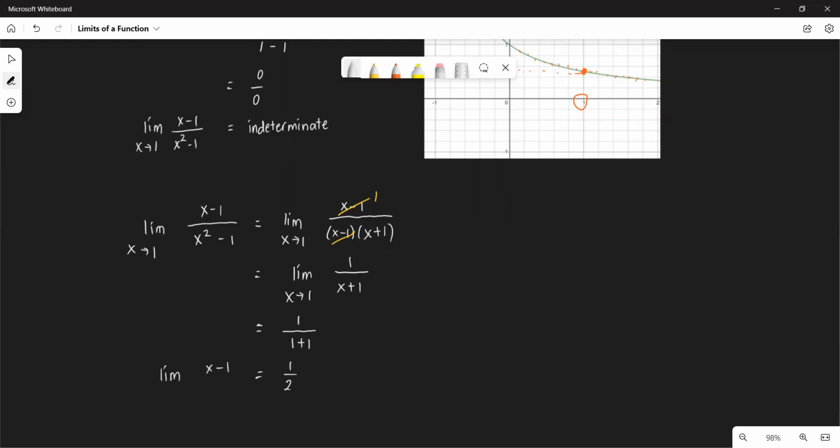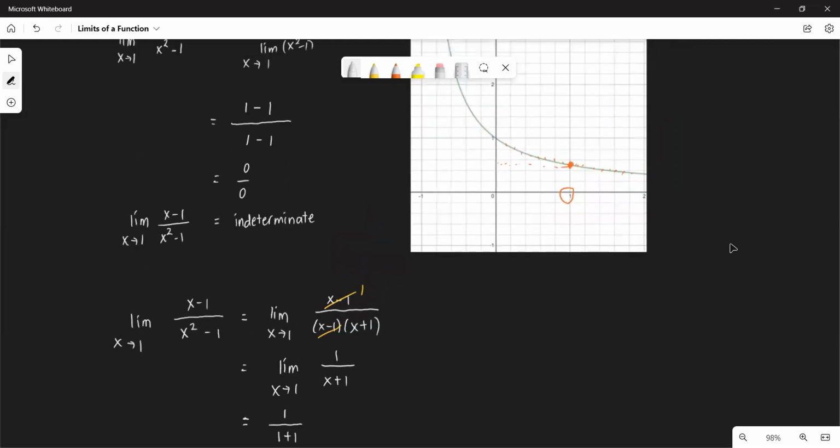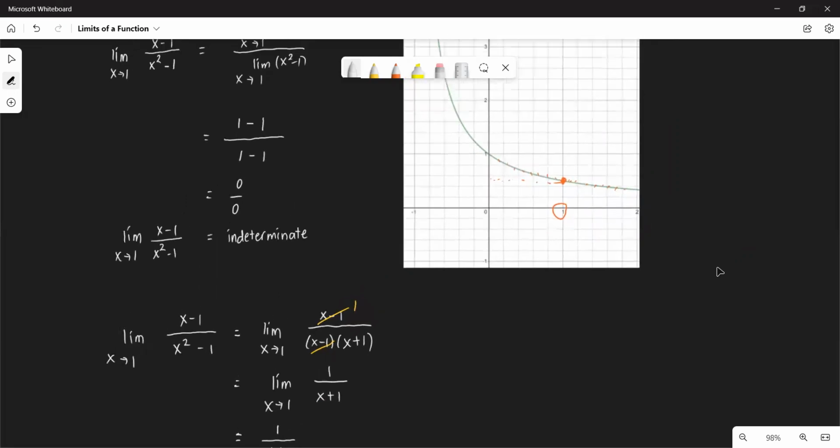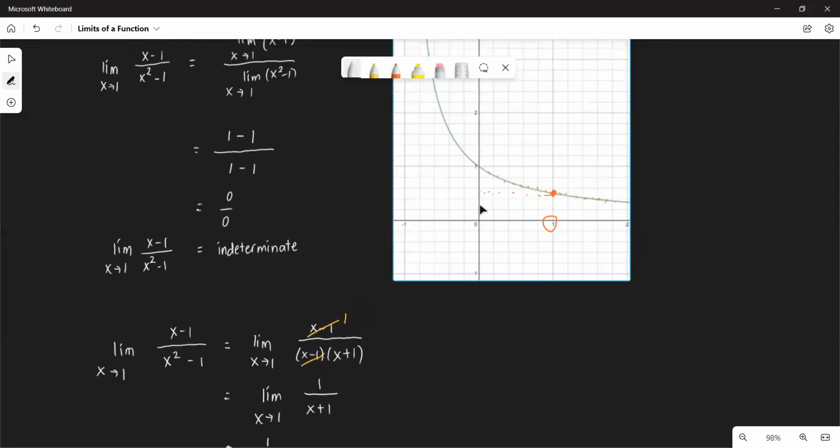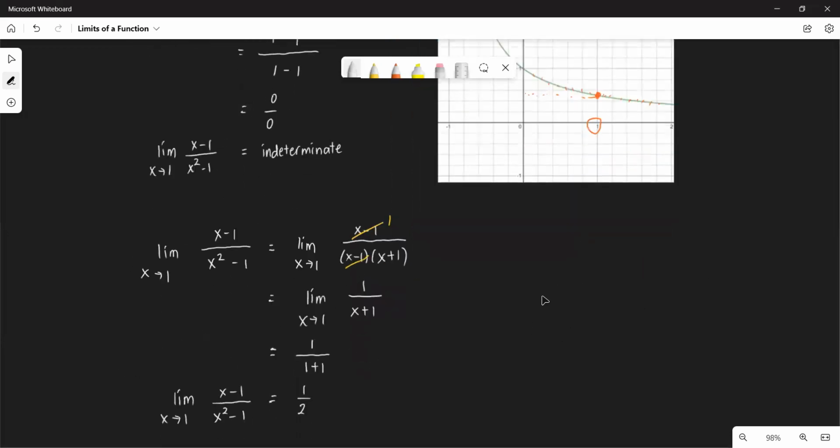So limit of x minus 1 all over x squared minus 1 as x approaches 1 is 1 half. If we look into the graph again, it's actually midway between 0 and 1. So the limit is 1 half.